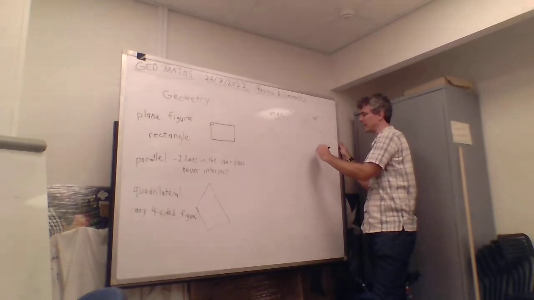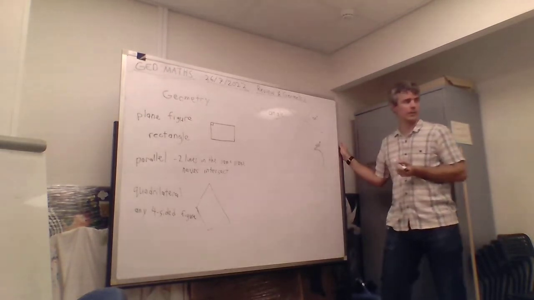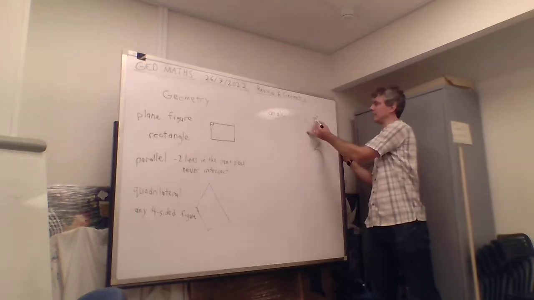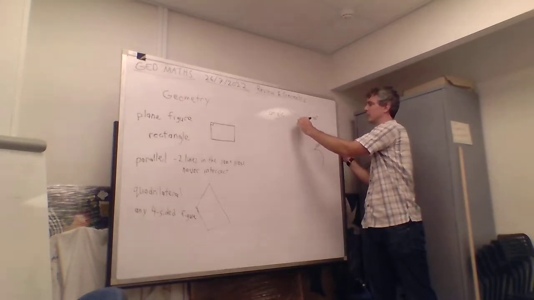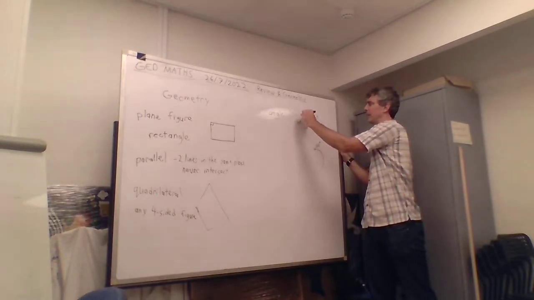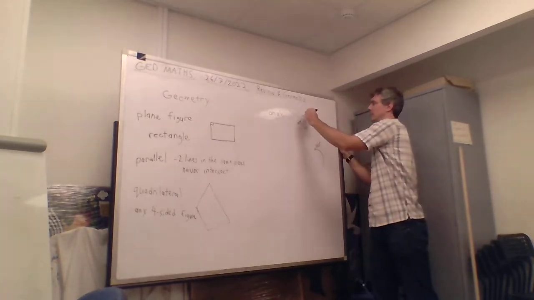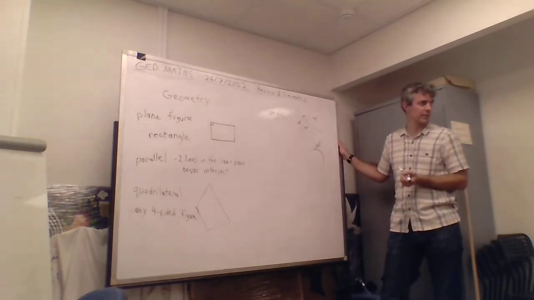And a degree basically is, if you imagine a full circle, the full circle has 360 degrees. So this is 70. This side would be 110. This would also be 70. And this would be another 110. And they all add up. The whole circle is 360.